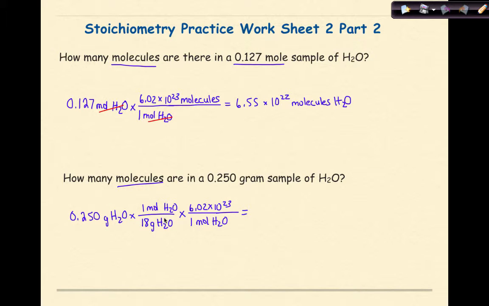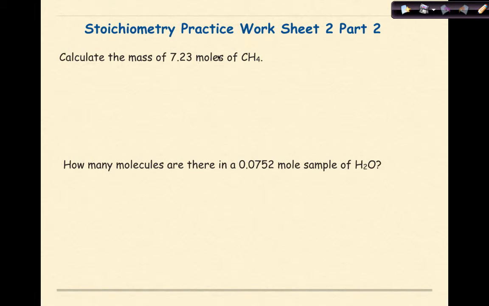Do I have this set up correctly? Grams cancel grams, moles cancel moles. 0.250 times 1 times 6.02 times 10 to the 23rd divided by 18 will give me 8.36 times 10 to the 21st molecules of water. Let's look at our next problem.